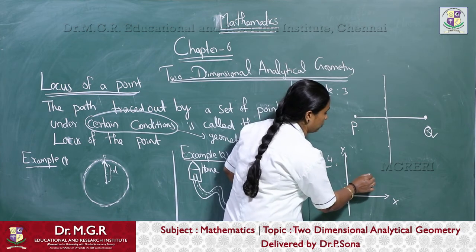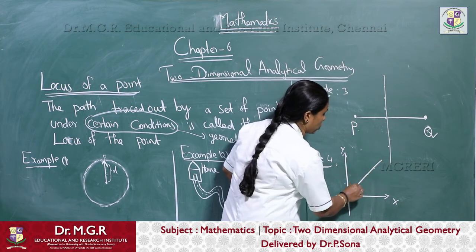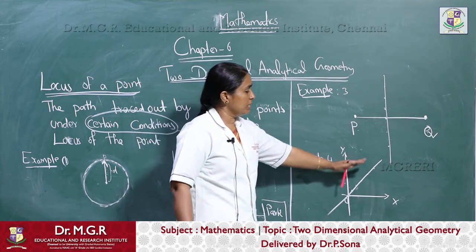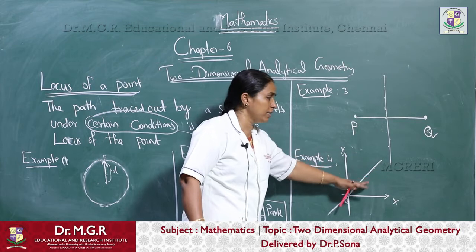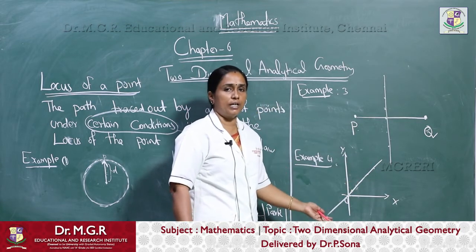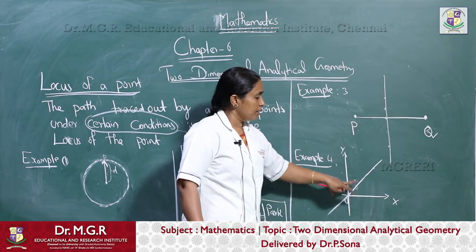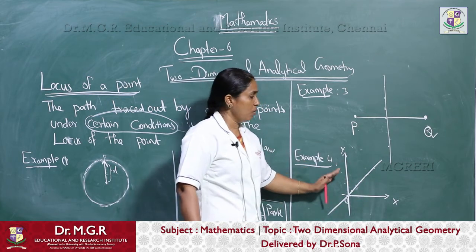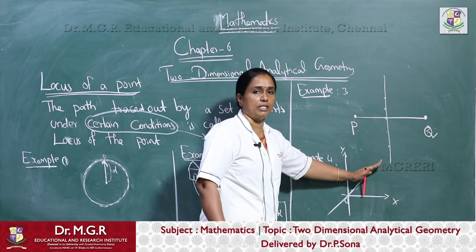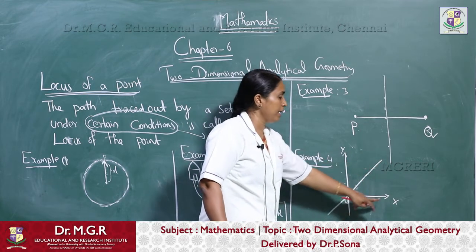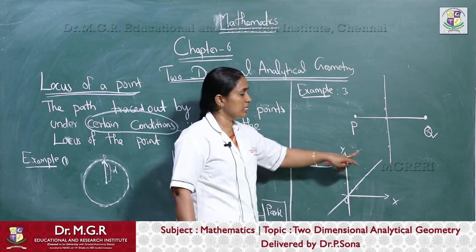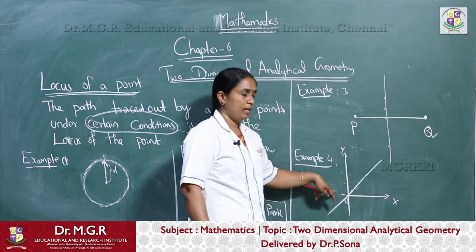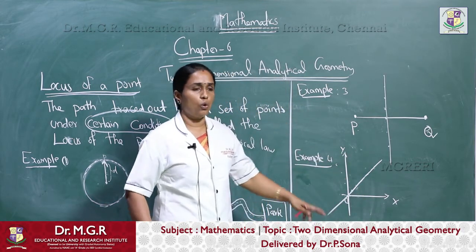Similarly, we can draw a line by joining all these, and we get a line like this. You see, this is the path traced out by the set of points which satisfies the condition. What is the condition? The point is equidistant from the two axes. Now this line is nothing but the angle bisector of the angle XOY. This is the angle bisector of the angle made by the OX and OY lines, and it is called the locus of this point.